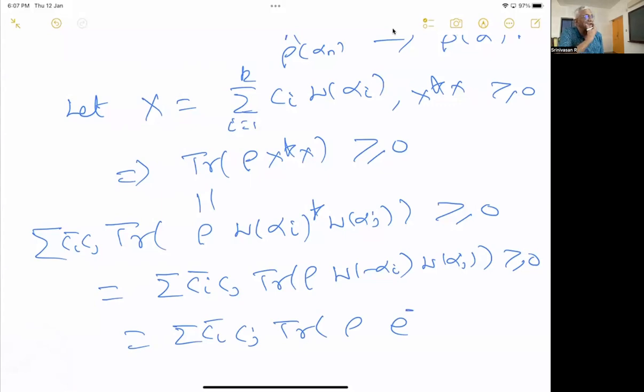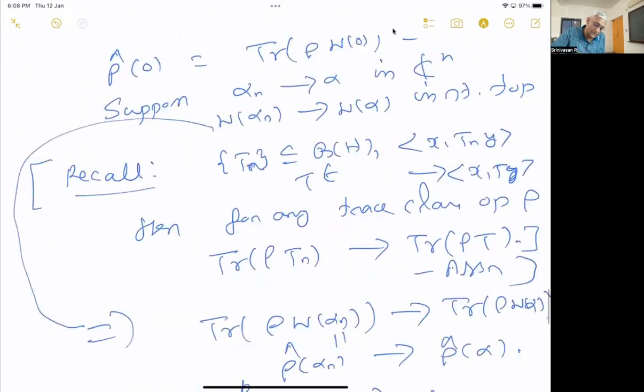Is it right? So it should be plus. Summation alpha I alpha j, minus alpha I will come out of this. So there should be an imaginary part. F of alpha j minus alpha I is greater than or equal to 0.